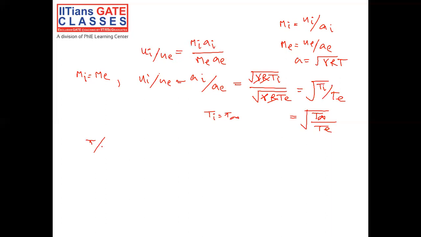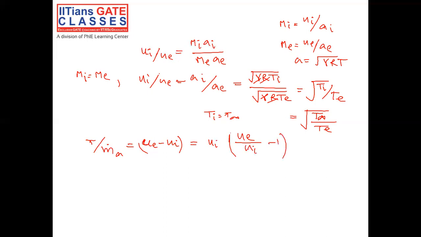So the specific thrust T by m dot is UE minus UI. If we take UI common, it will become UI into UE by UI minus 1.